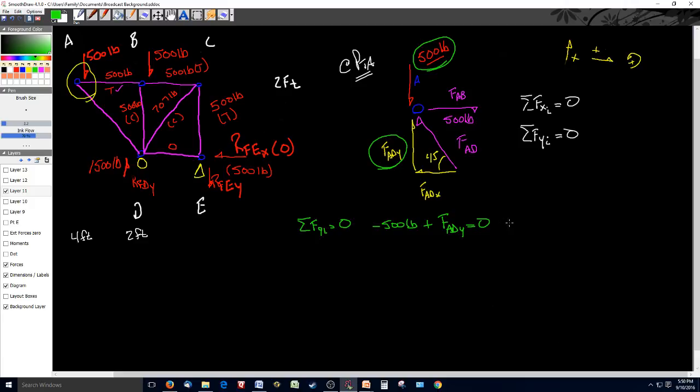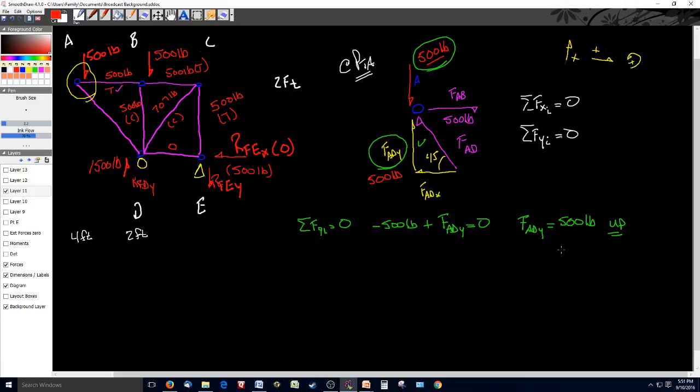We can simply solve this, and we can say that the force ADY has to equal 500 pounds. And that is up, or positive. That's how I've drawn it right there. So let's go ahead and write that in red and say this is 500 pounds up.